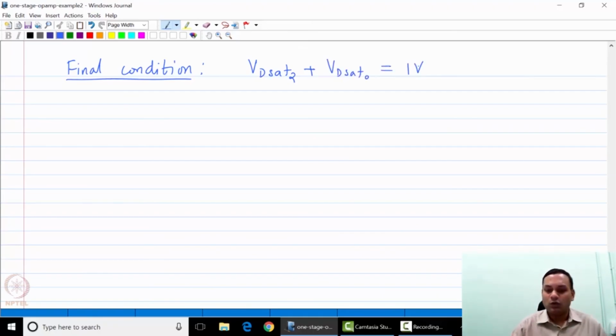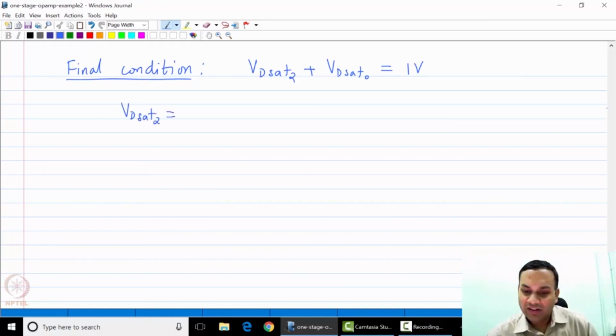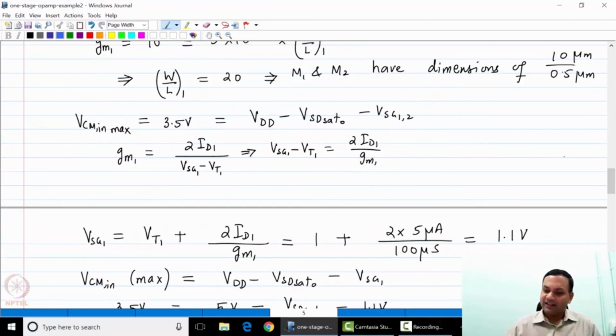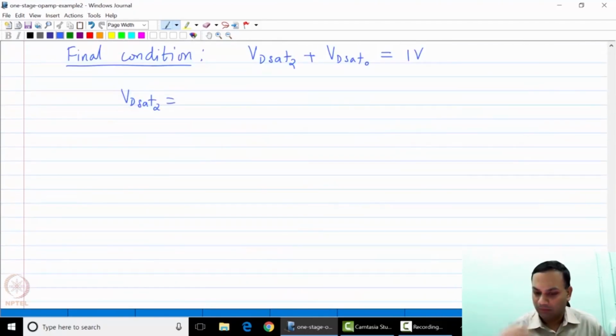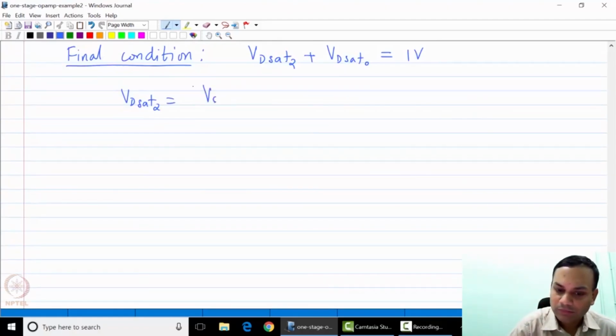Let us check if this is true. VDSAT2. So we have seen that VSG1 is 1.1 volts, which is the same as VSG2.